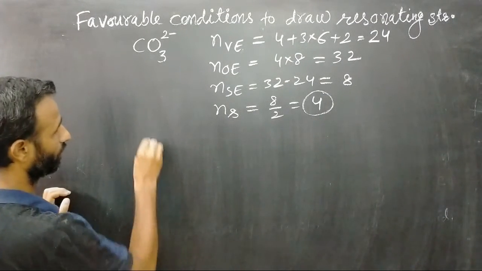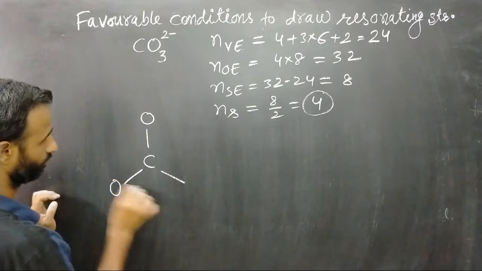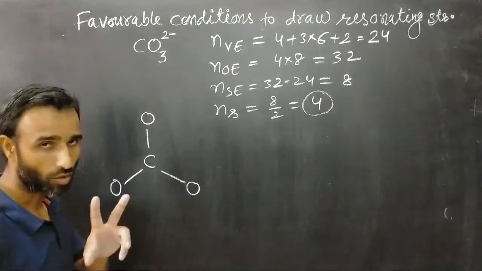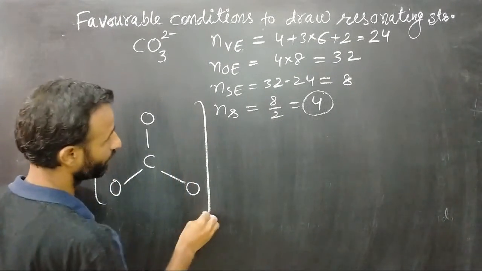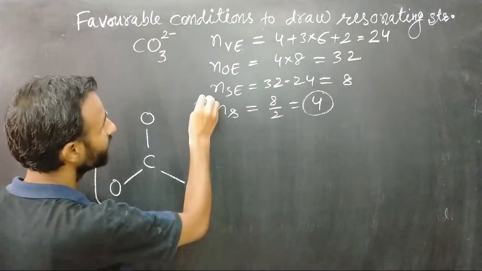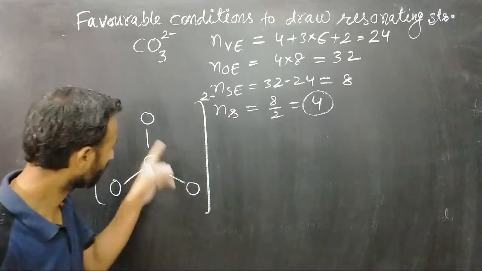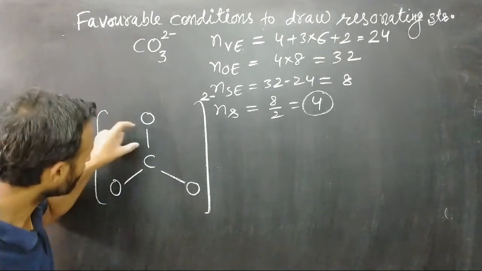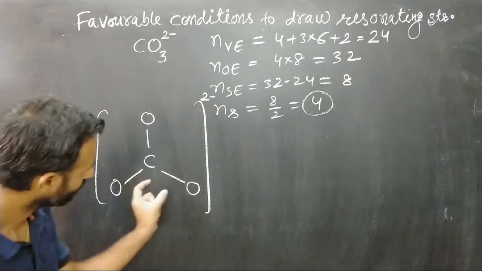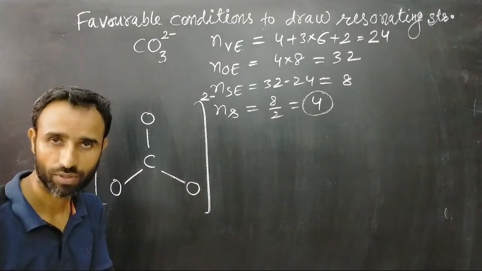Now there are 3 oxygens, but shared pairs are 4, so we can arrange like this. One double bond may be at this position or this position, any one of them.